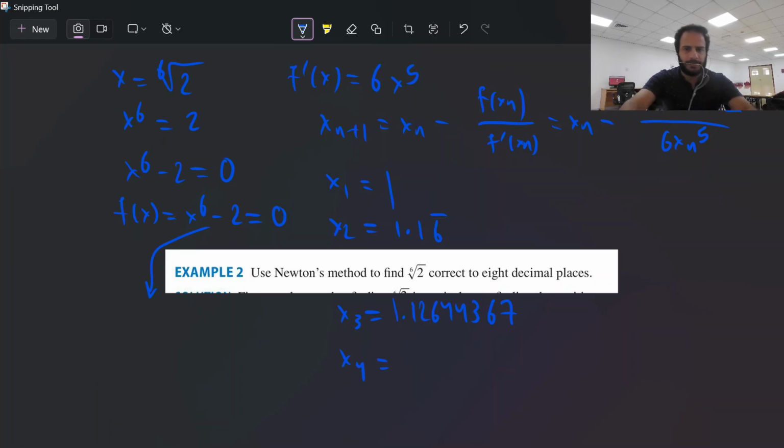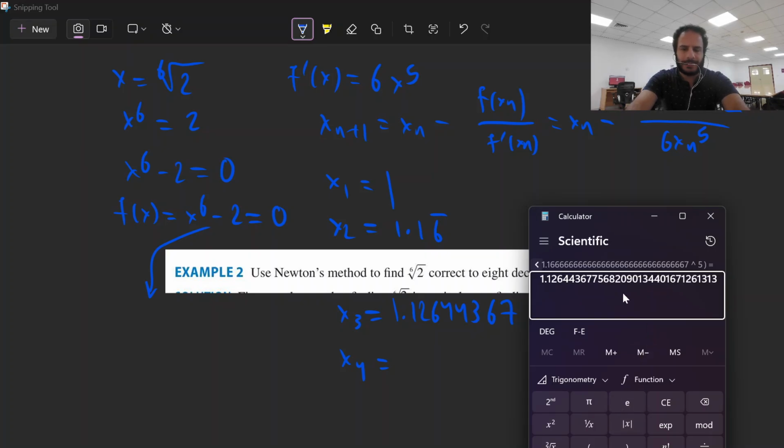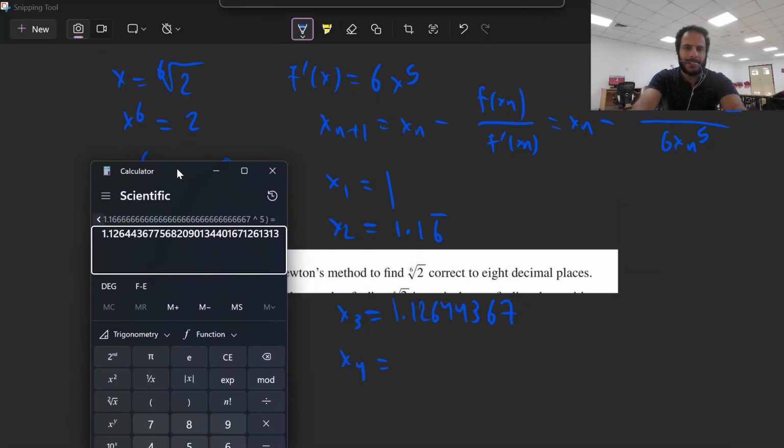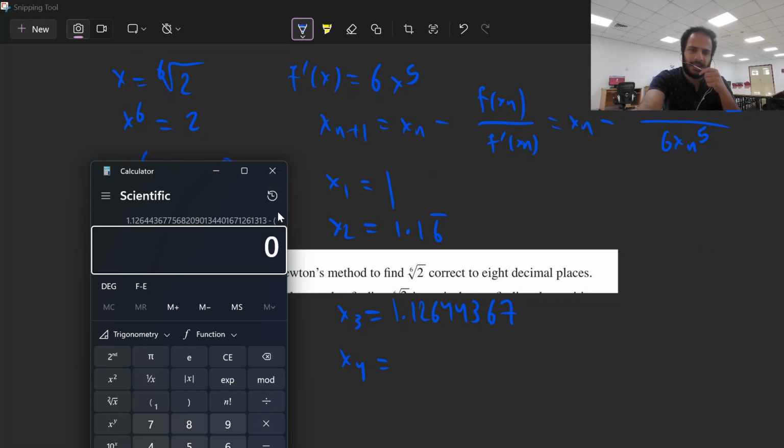x4 now. So now Control C. We start the same steps again. Control V minus, Control V power 6 minus 2, close the parentheses, divide, open the parentheses, 6 times Control V power 5. You get this.